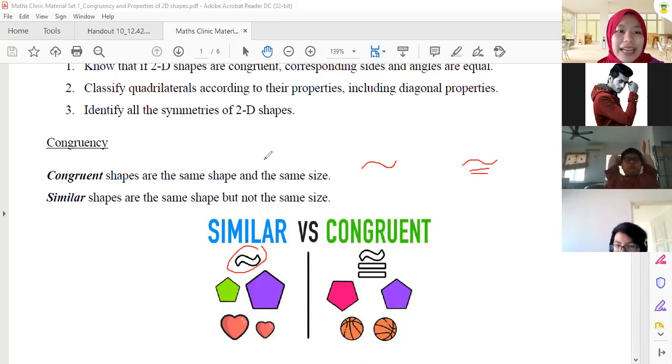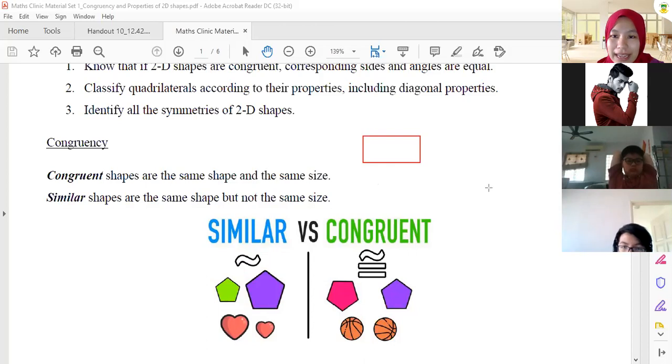If the shape is rotated, look here, this is the rectangle, and then it's rotated, it looks like this. Even though the position is different, as long as it's the same shape and the same size, you call it congruent. You can rotate the shape as long as it doesn't change the size, and you can say that the shapes are congruent.